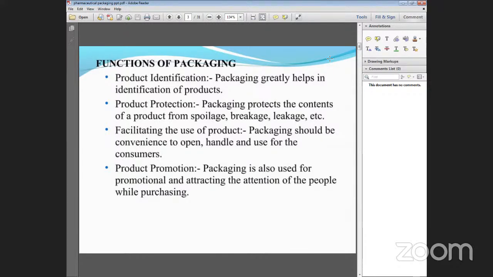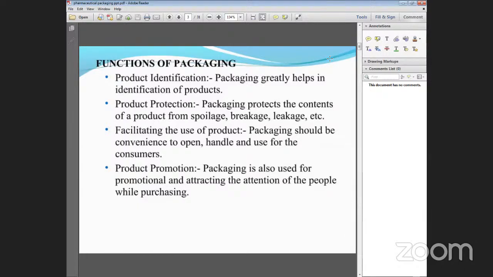Then you try to wrap it in a significant or properly labeled packet. If you are preparing a mango toffee or a mango chocolate, then you will pack it in a yellow colored packet or wrapper. Why yellow wrapper? Because mango's color is yellow. So the yellow wrapper will help you to identify that it is the mango flavored toffee. Similarly, here also, during the packaging of pharmaceutical product, we need to know first how to identify the product that has been prepared by us.